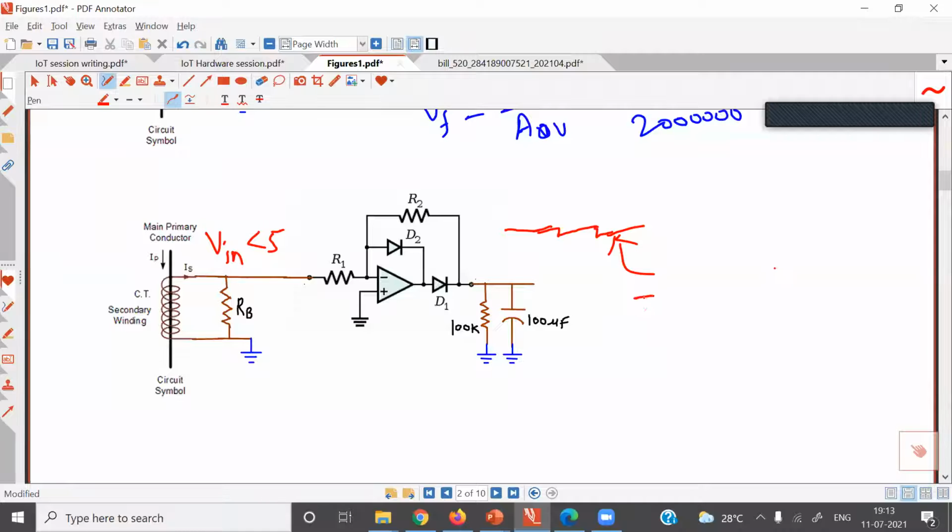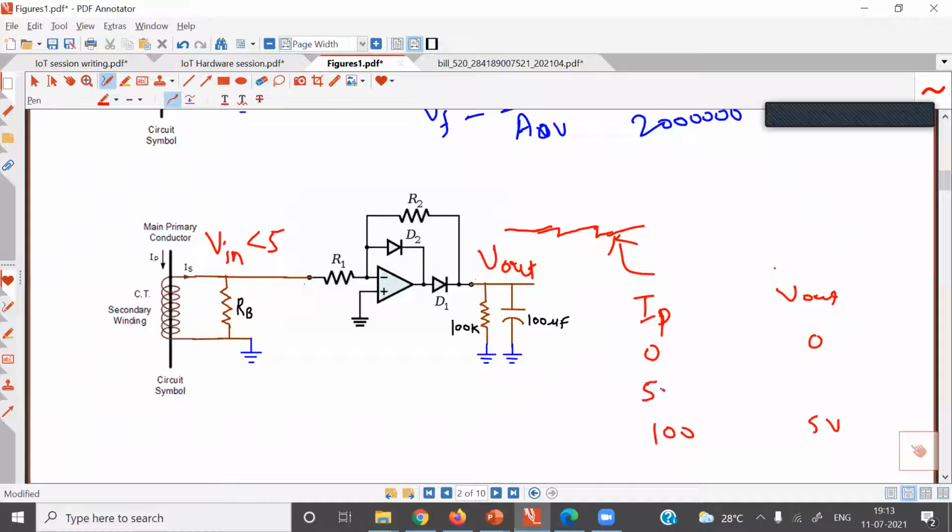Input current I in, that is here, or I primary, let us write. When I primary is this, the voltage here is V out, in DC. Say for 100 ampere current, we are getting an output voltage of 5 volt. Then for 0 current, of course, output voltage is 0.